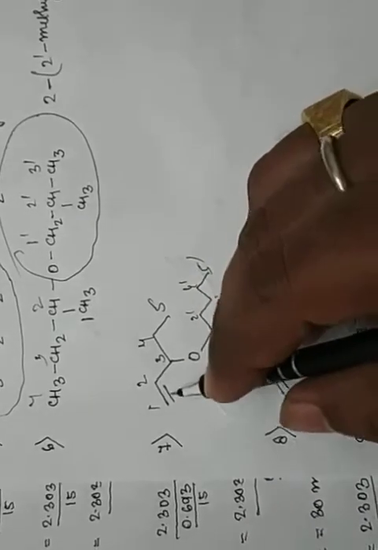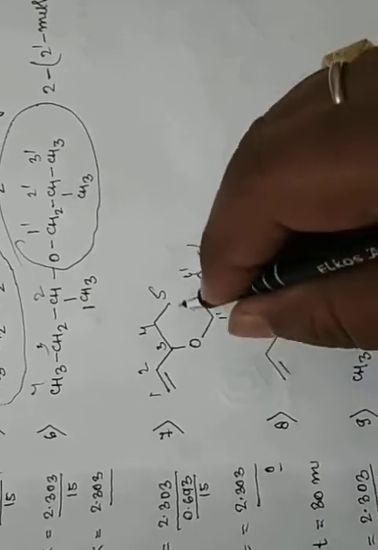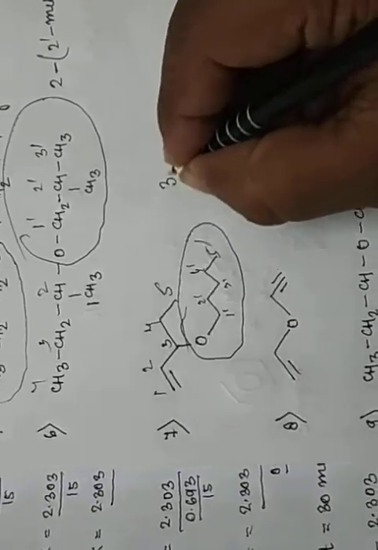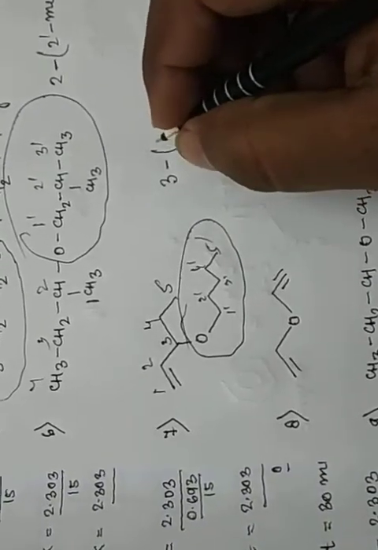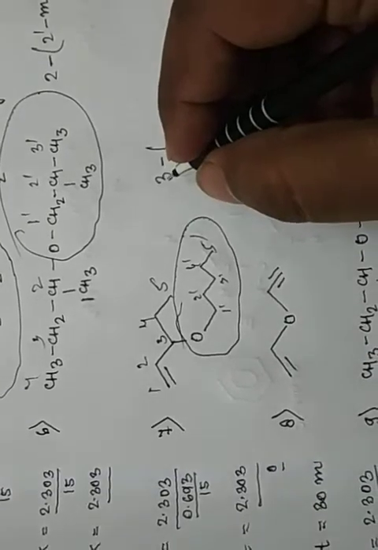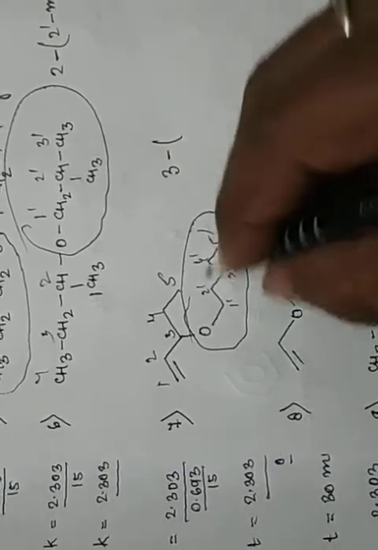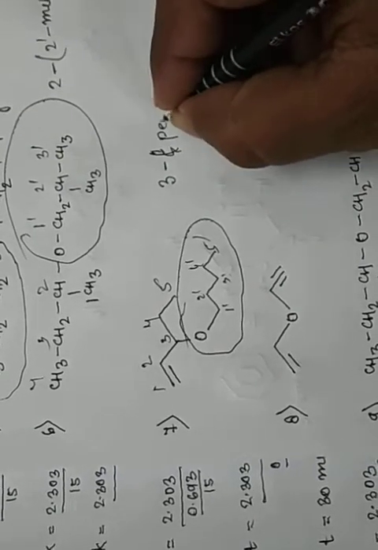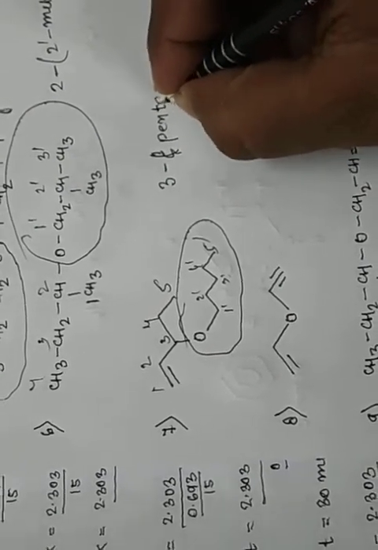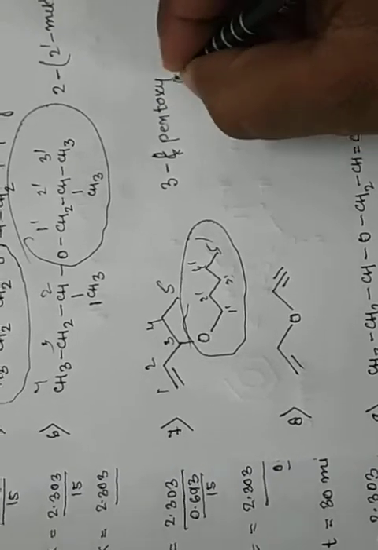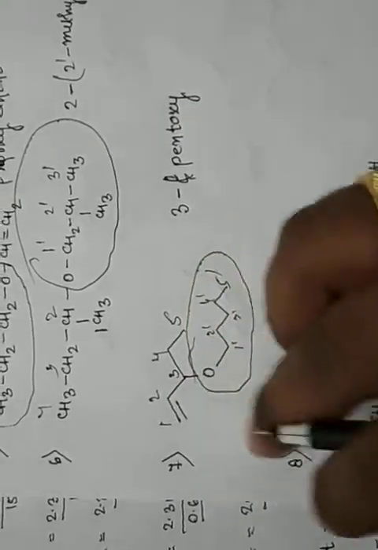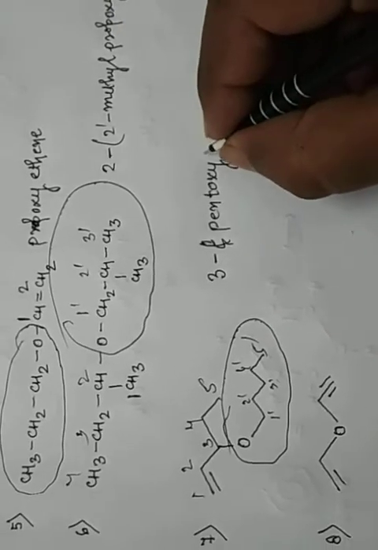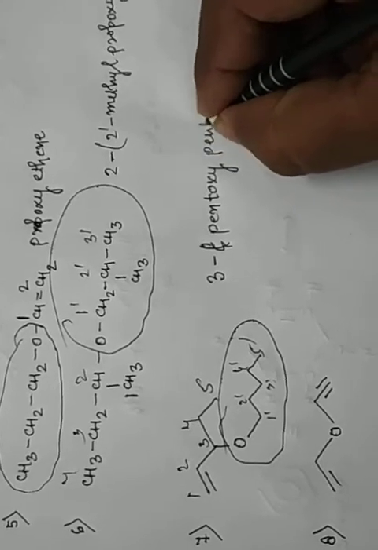Now there's the main chain carbon, so 3 is considered for the whole thing. So 3 what? Pentoxy, there's a 5 carbon. So 3-pentoxy, and how many carbon in the main chain? 5 carbon. So pent-1-ene, yes, pentene.